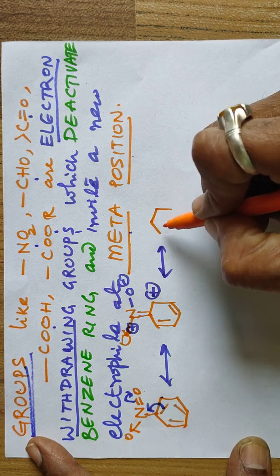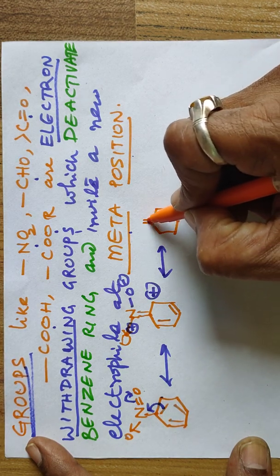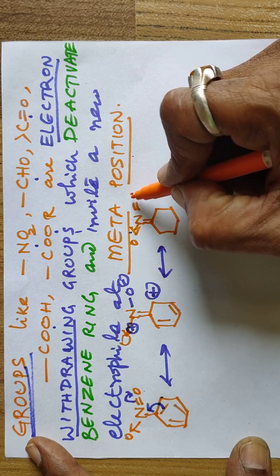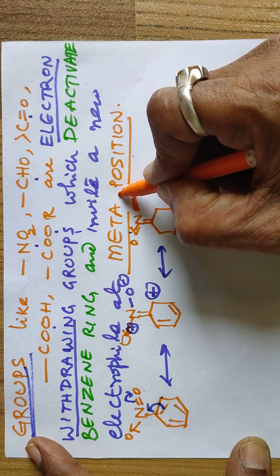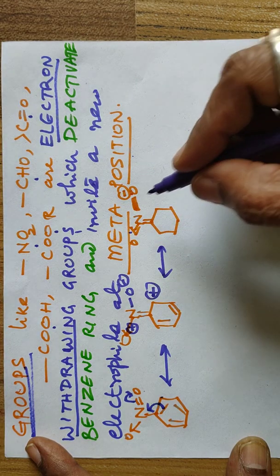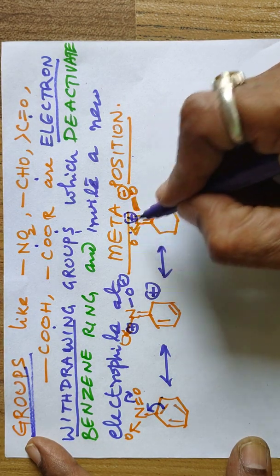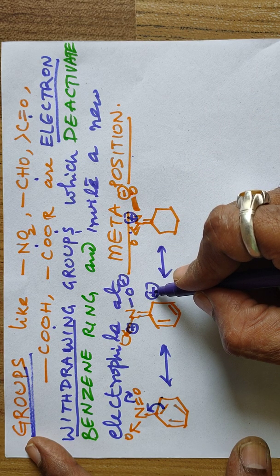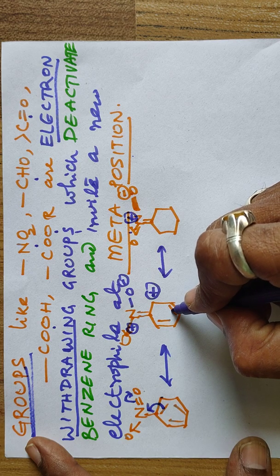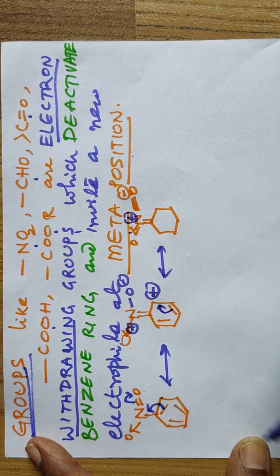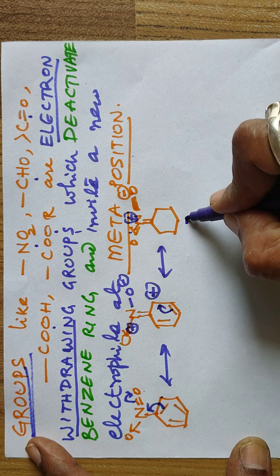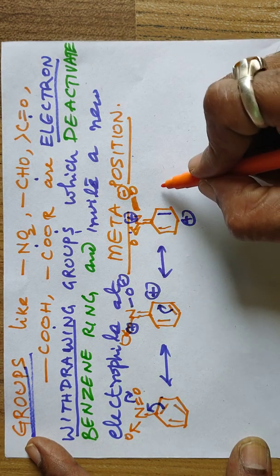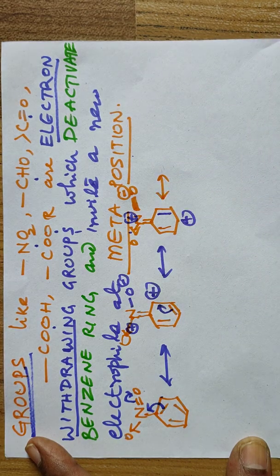Next, the same benzene ring you have to draw, double bond N, double bond O, single bond O. O becomes minus and N is plus charge. And here this positive charge is nullified by shifting electrons of the pi bond, and this corner acquires positive charge and a new pi bond forms. This undergoes resonance.